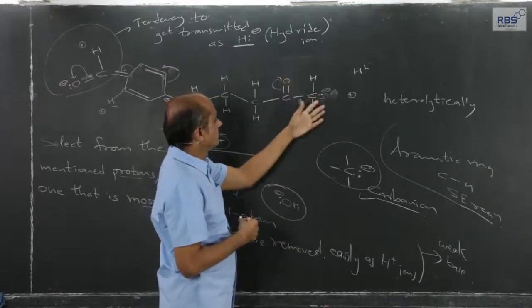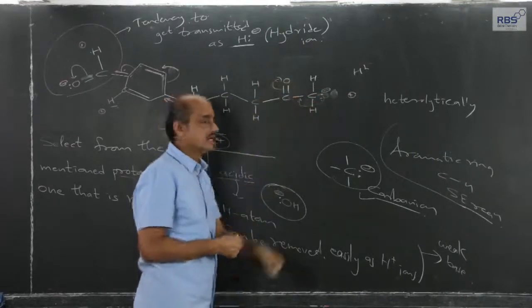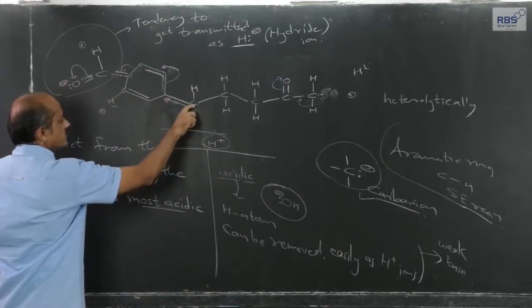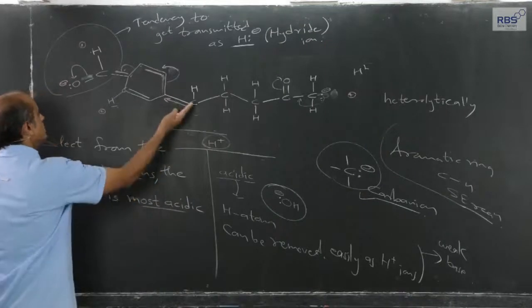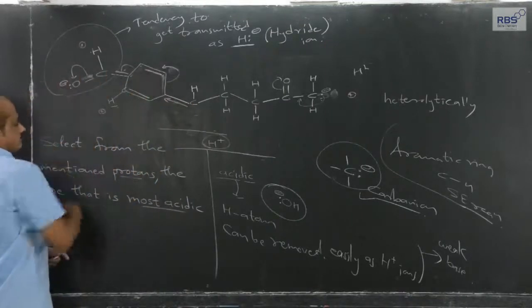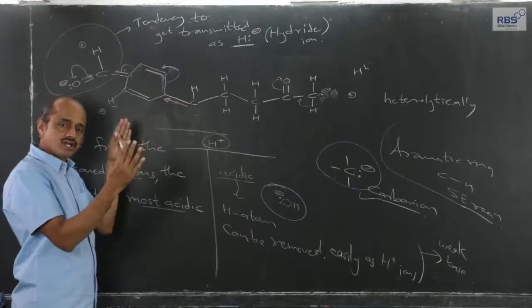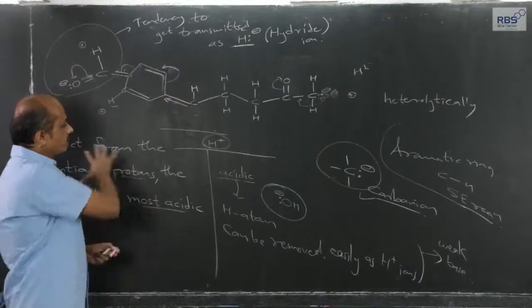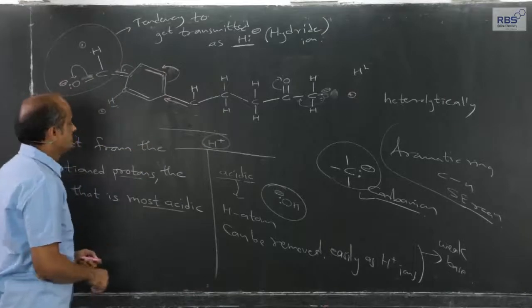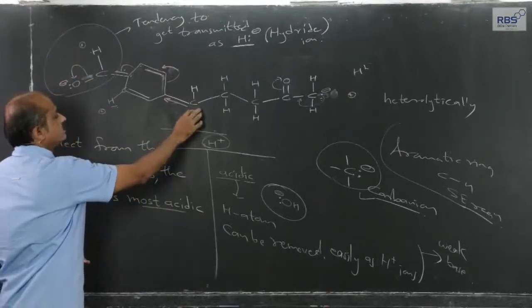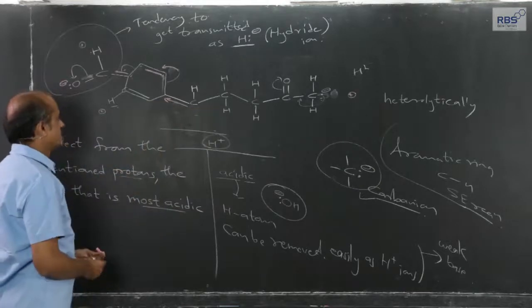So the resonating forms here, as compared to that, the negative charge on this carbon after heterolysis of the CH bond gets transmitted to this oxygen. There are various resonating forms, I have clubbed all. So if you consider all these factors, among the four I initially showed you, this one is more acidic, is the answer.